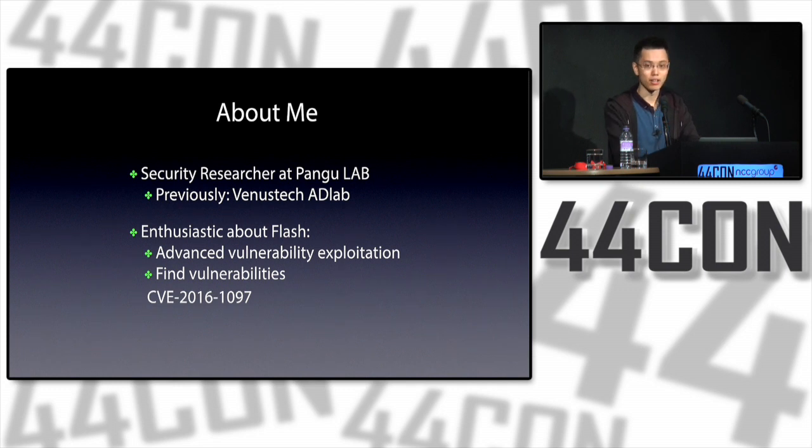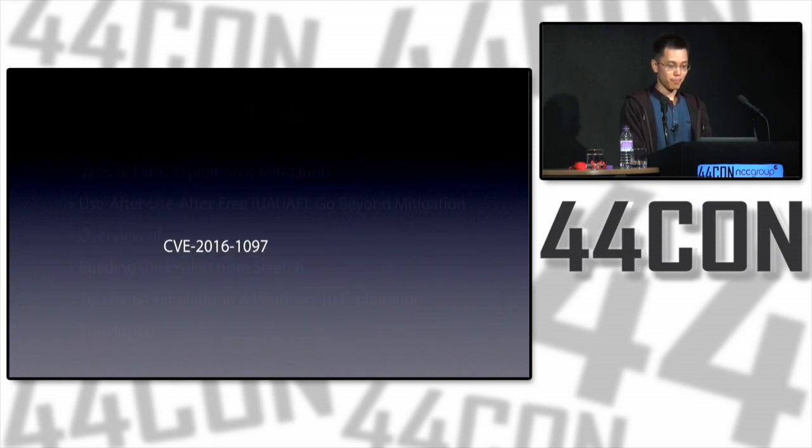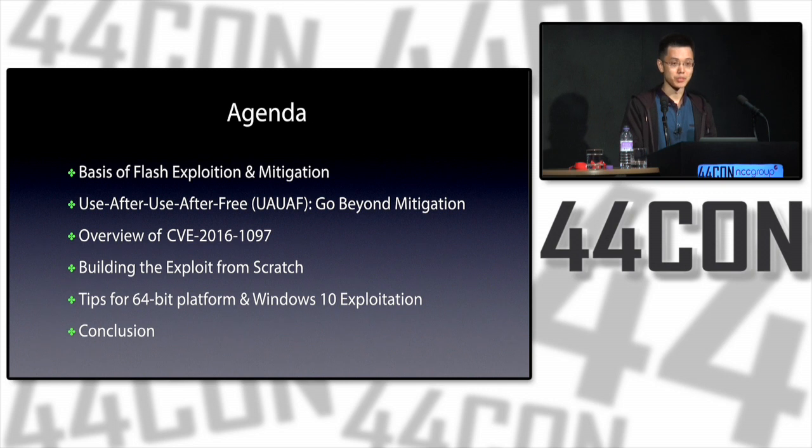The method I'm going to talk about today was developed during the research of CVE-2016-1097, which is a use-after-free I found and reported to Adobe this May. This is the agenda of my speech. I will start by introducing the basic ideas of how Flash exploits work and how recent mitigations prevent the classical trick.